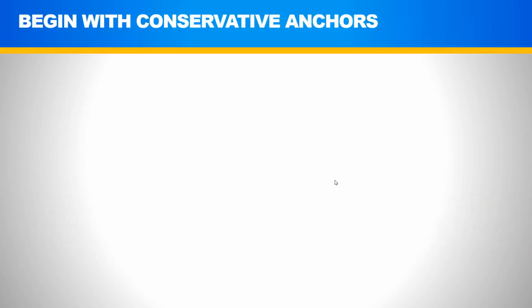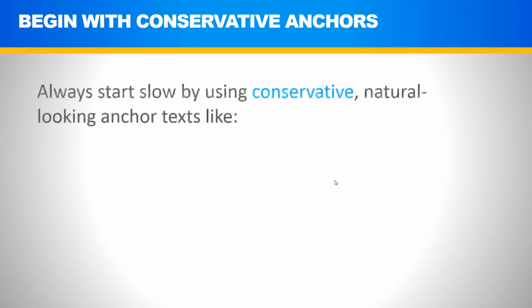Okay, another word of advice is as you're linking to your site, there's going to be a campaign, right? You start linking on this day, and X months later, you continue to link, and it's an ongoing process, right? What I recommend is starting with conservative anchor text. Start slow using natural, pillow anchor text such as brands, miscellaneous, and URL. The beginning of your campaign will be mostly conservative.